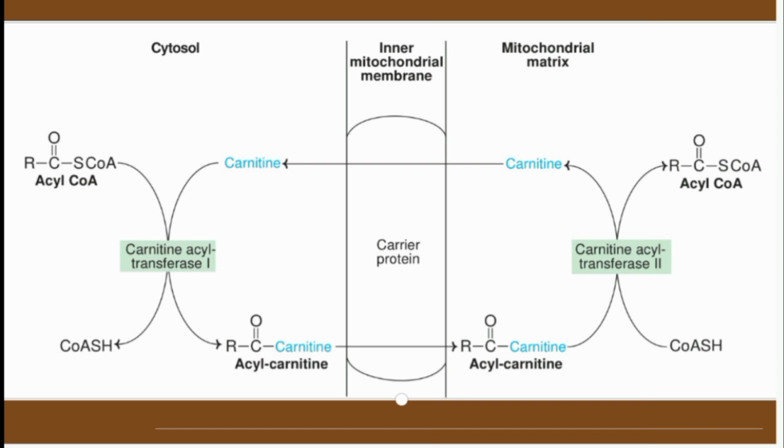When it gets to the mitochondrial matrix, carnitine acyltransferase 2 removes the carnitine and adds coenzyme A to form the acyl-CoA again. So this is the transport that helps us move acyl-CoA from the cytosol into the mitochondria.